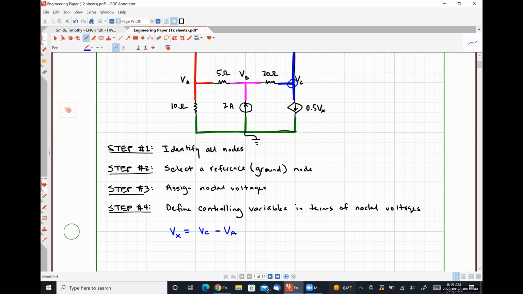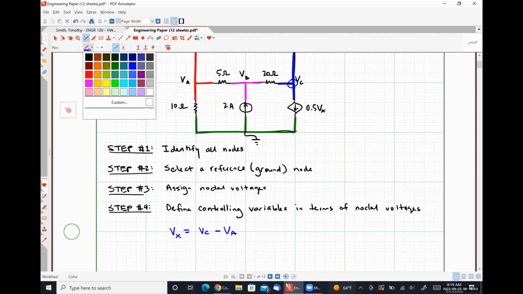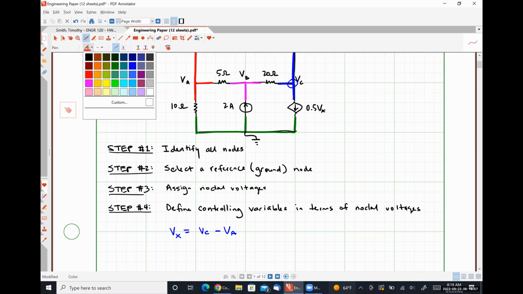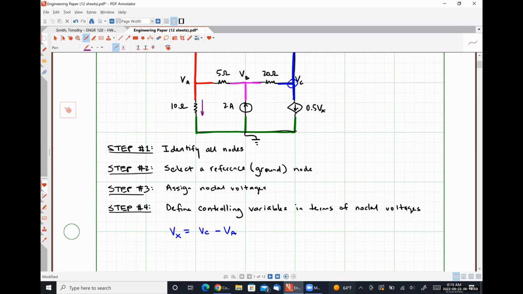So we have defined our controlling variable in terms of our nodal voltage. Just for the sake of argument, let's look at something slightly different, okay? Let's say that I had a controlling variable that was this current IY.